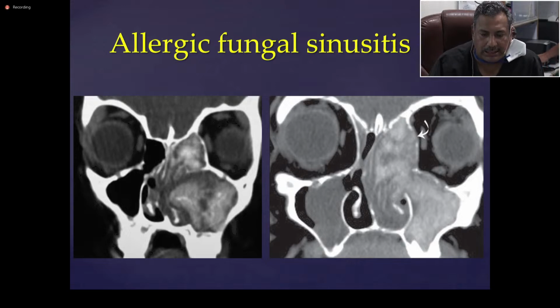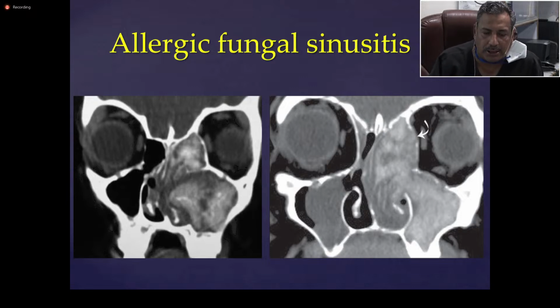That's a type 1 hypersensitivity to the fungus trapped in the sinuses. This fungus, along with the allergic mucin consisting of degraded eosinophils and other things, blocks the sinuses and starts a vicious cycle wherein the mucociliary activity is blocked, things do not drain into the nasal cavity, and it keeps on collecting, leading to expansile bony erosion of the paranasal sinuses.